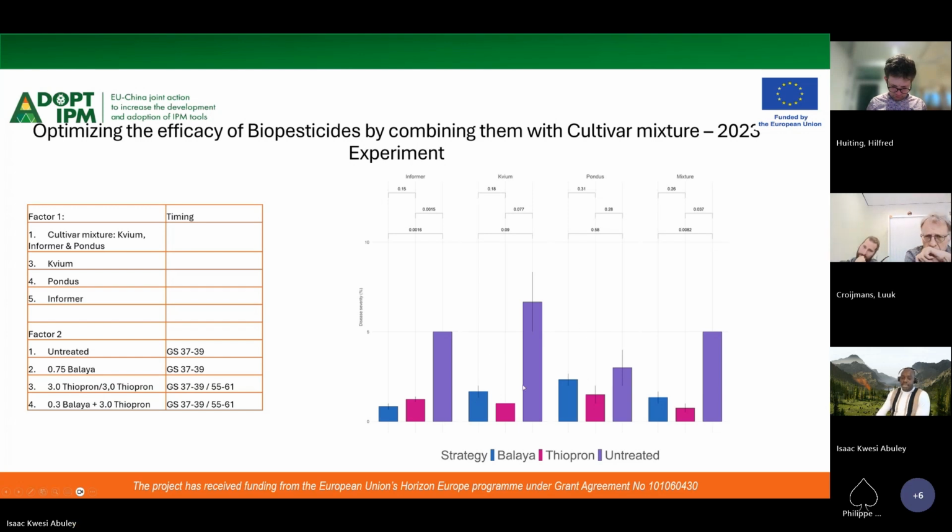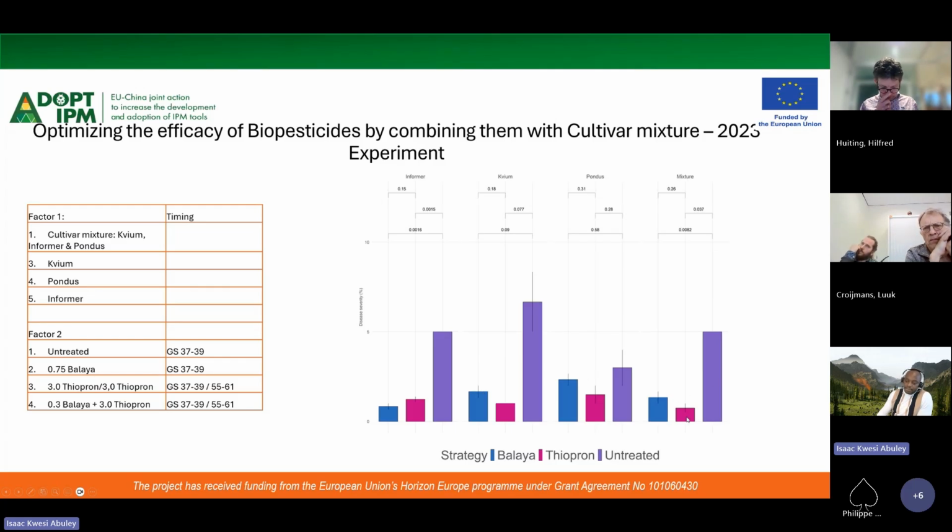However, if we compare it to the most resistant variety, which is Informa, we don't see a significant difference between the mixture and the solo stand. But if you compare the mixture to the other 2 varieties, you see a much better effect of the mixture.